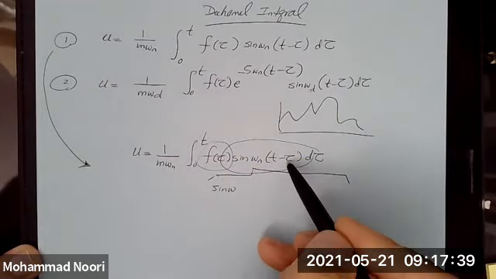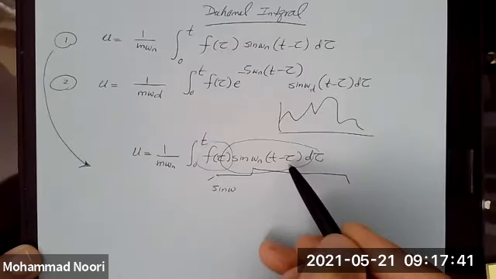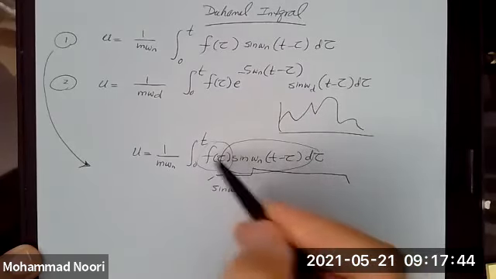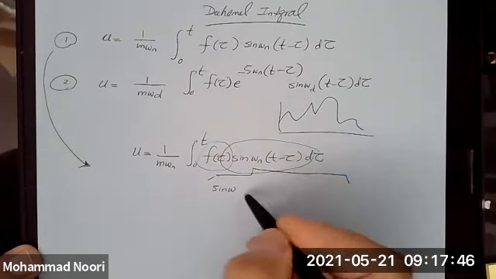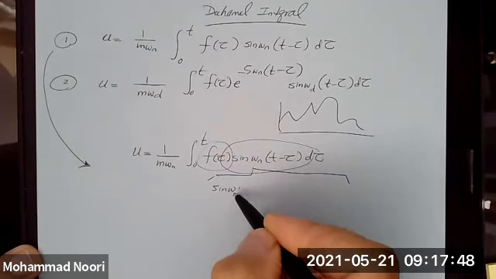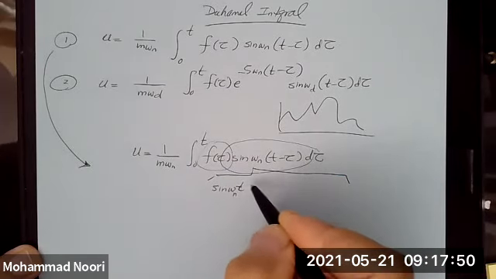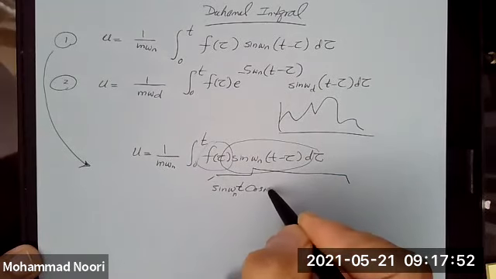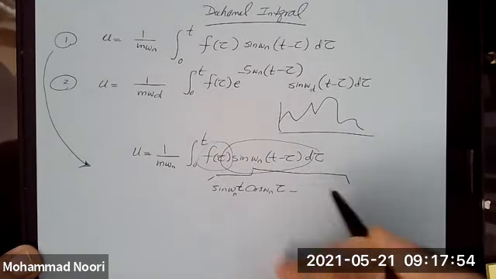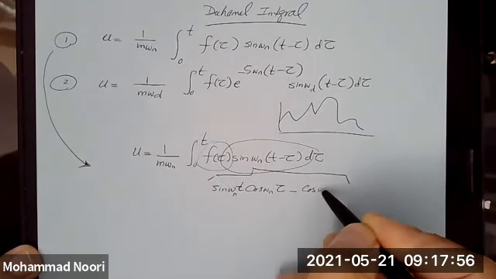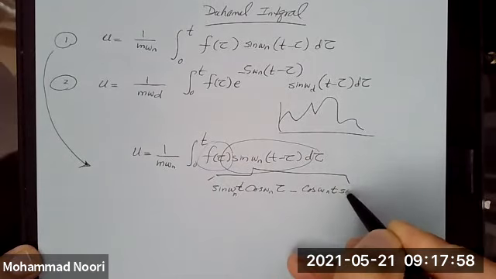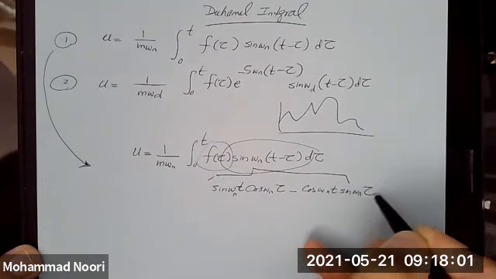It's tau that is the variable, and t is treated as a constant in this integration. So in this case you would write this as sine omega n t cosine omega n tau minus cosine omega n t sine omega n tau.